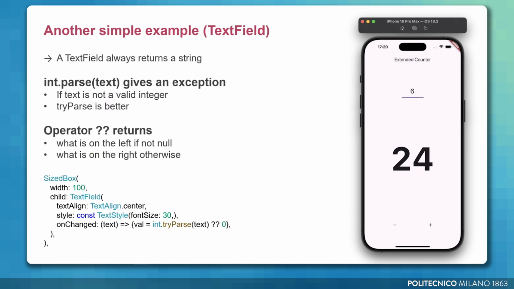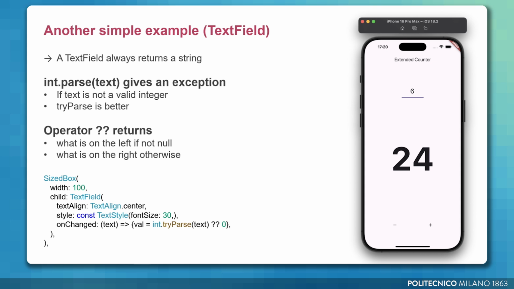To create a variation of the previous app, we can swap the slider for a text field. A text field is a widget that lets users enter text input. This slide shows one way to use it. By default, if left unconstrained, the text field will stretch to fill the entire horizontal space.